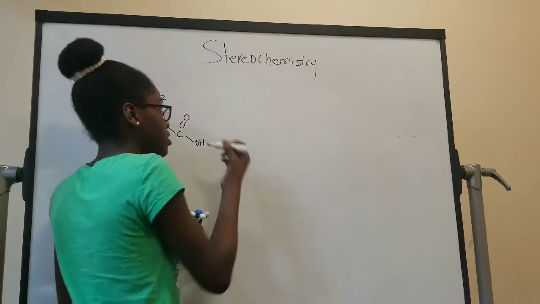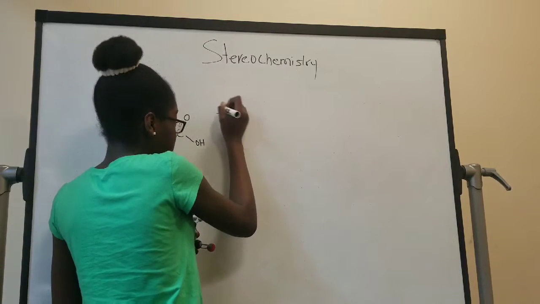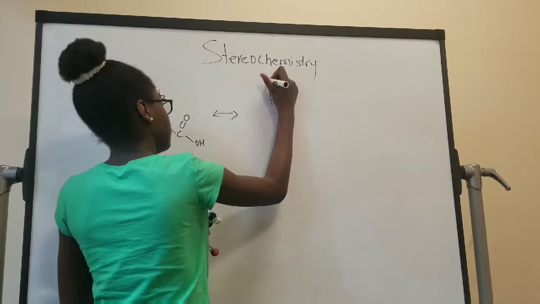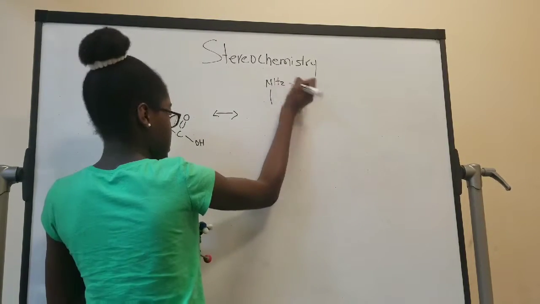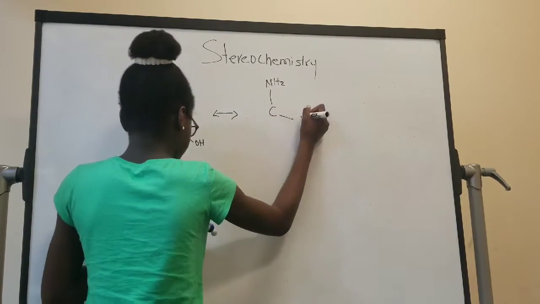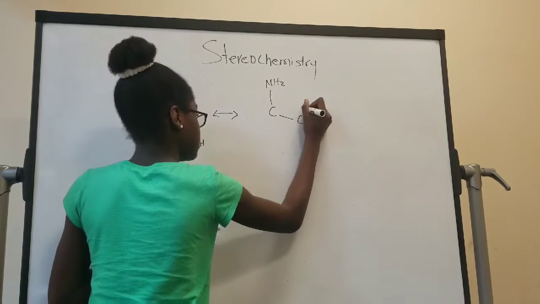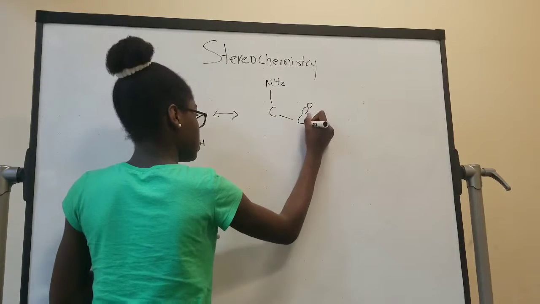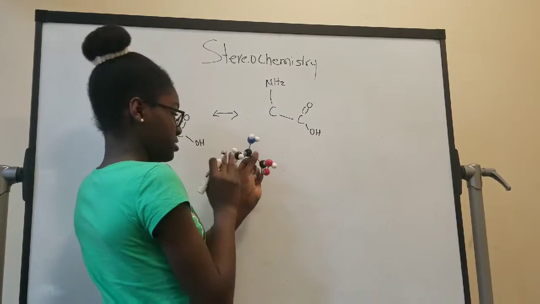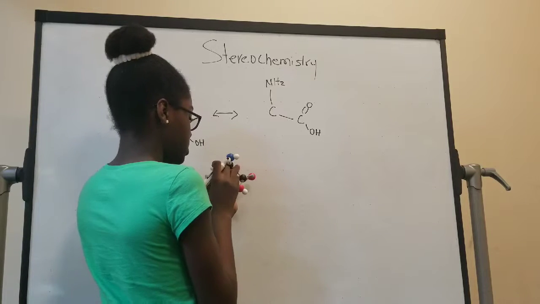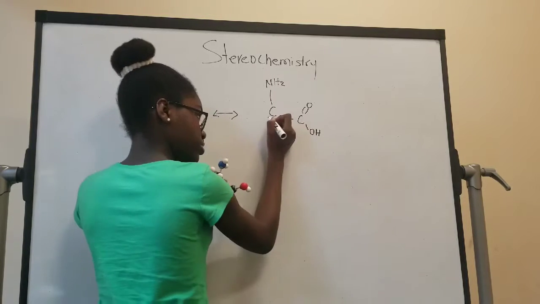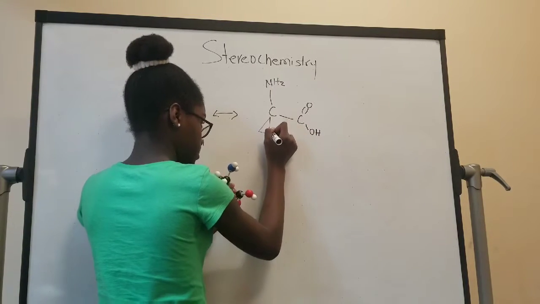So, in other words, there is a way you can represent this, like this. Since they are adjacent to each other, you just use the normal bonds. But because this methyl group is right in front of the carbon, you use a wedge to represent that.